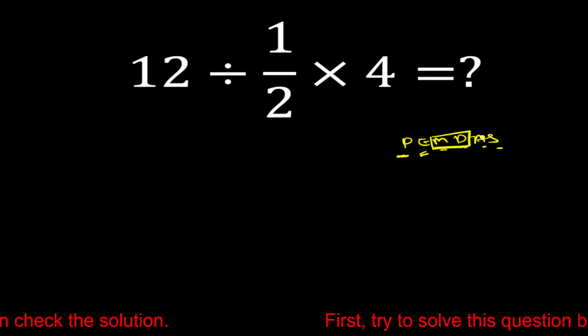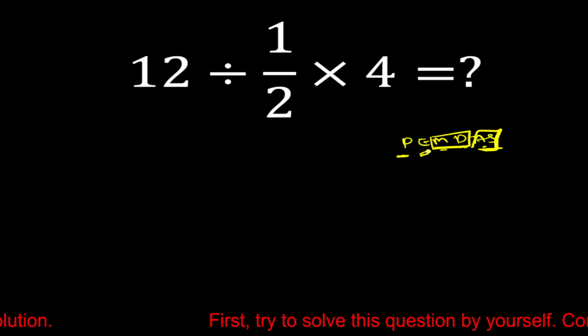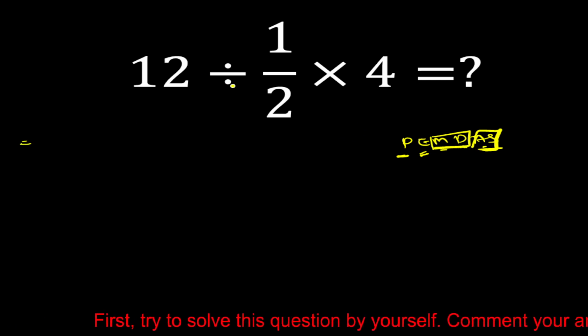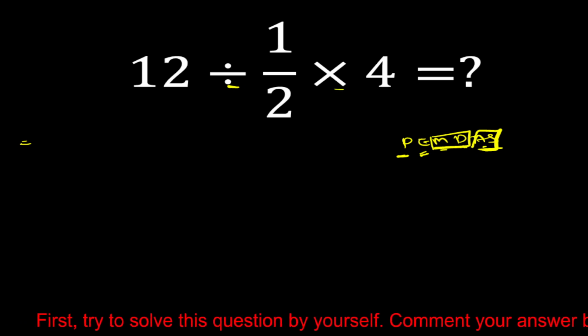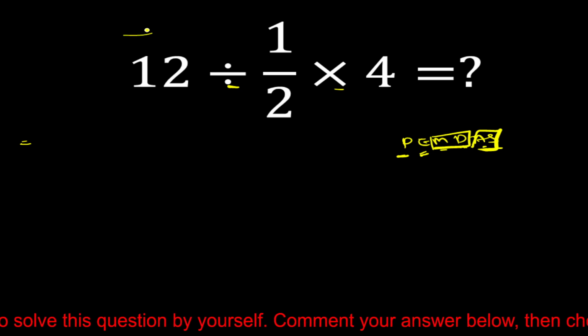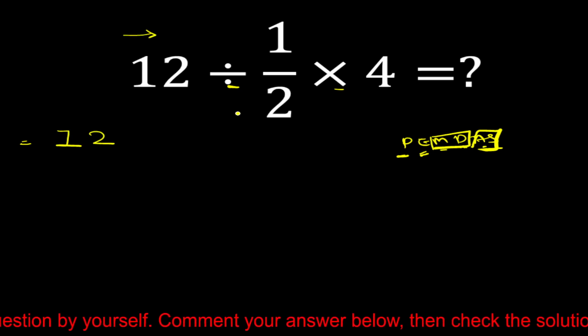Multiplication and division both have same priority, and addition and subtraction also have same priority. Okay. So here division and here one multiplication both have equal priority. Therefore, we have to solve it from left to right. Okay. So is equal to 12.